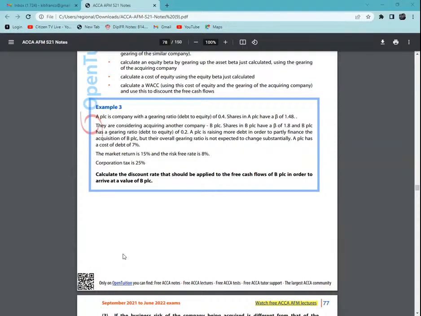The beta which becomes relevant is the beta of the new business, B Limited, which has a beta of 1.8. So the 1.48 beta of A becomes irrelevant. The one we shall use is the one of what here, somebody? 1.8 of B company. So Mary, does that help?